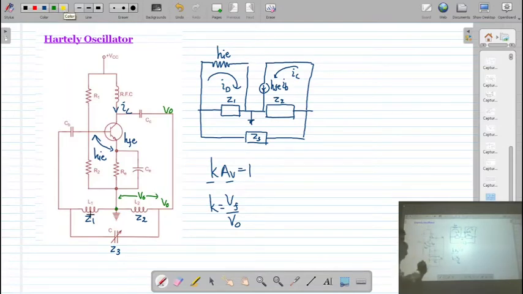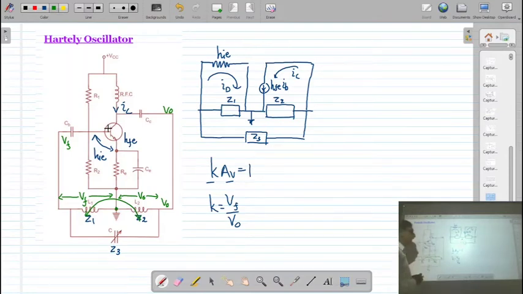That is due to the mutual inductance between L1 and L2. Whenever current flows in L2, a current is induced in L1. So there is a mutual inductance between L1 and L2, and due to that, an EMF is induced in L1. Whatever EMF is induced in L1 is nothing but my feedback voltage, and this feedback voltage VF is applied at the input of the transistor.